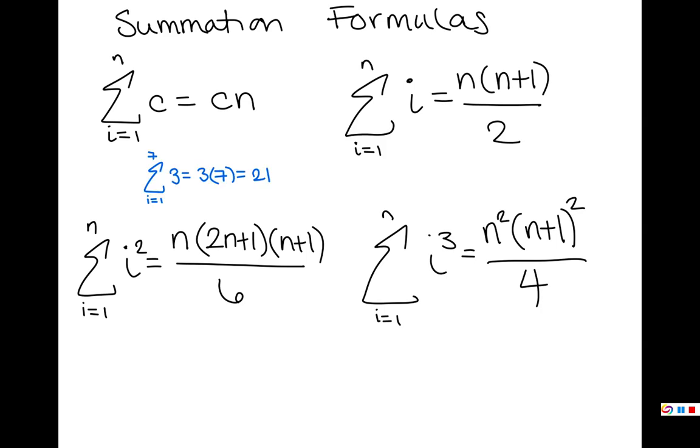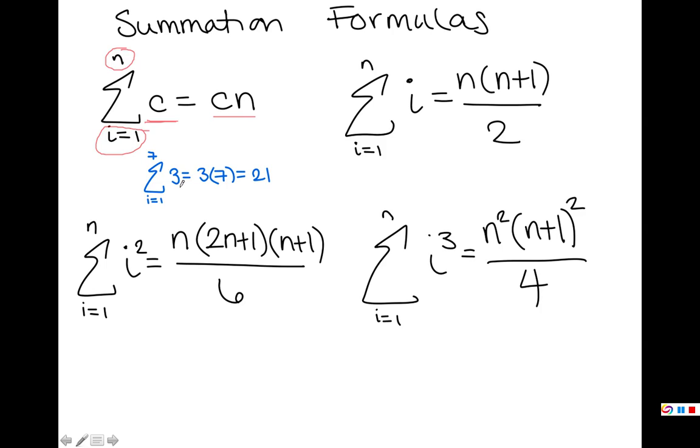Let's just look at this first one, top left. This one is saying if you add up a constant, so that c stands for constant, from 1, so starting at 1, ending at n, you will always get the constant times n. I have an example of that shown in blue.